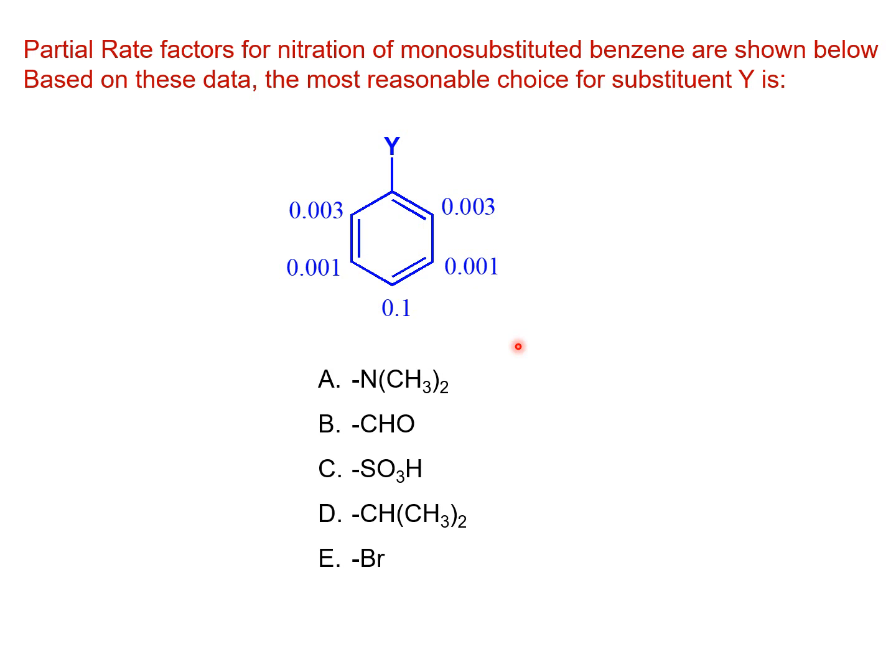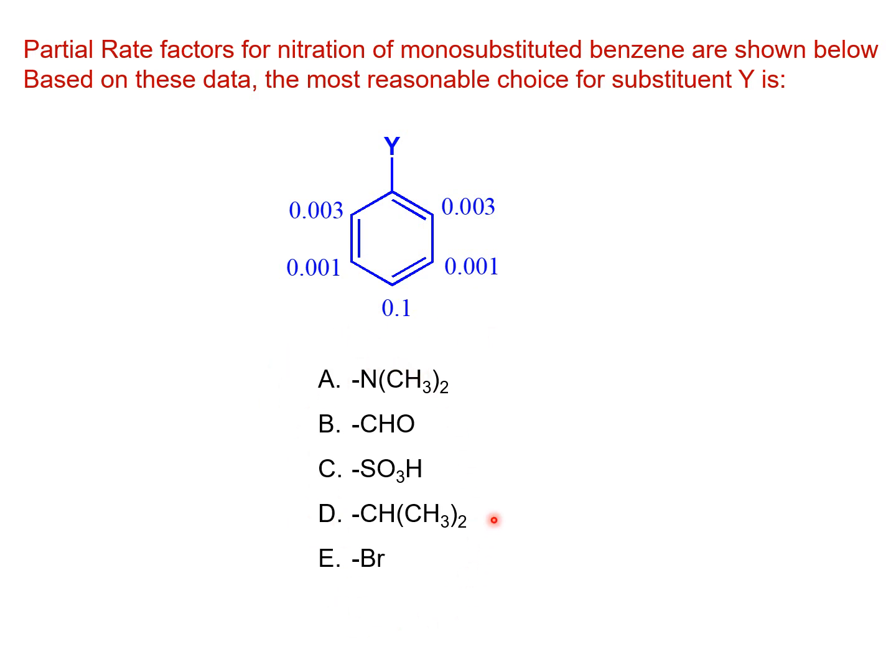We have also seen that the halogens are deactivating the benzene ring as they withdraw electron density by minus I effect, but at the same time halogens are ortho-para directing as they donate electron density by small plus R effect.